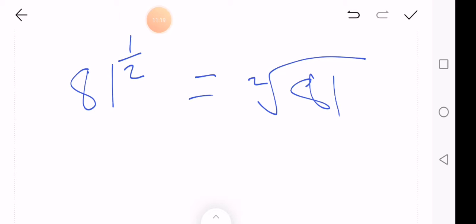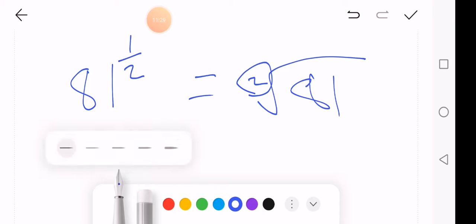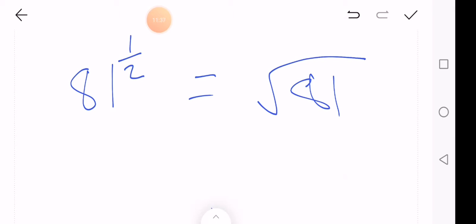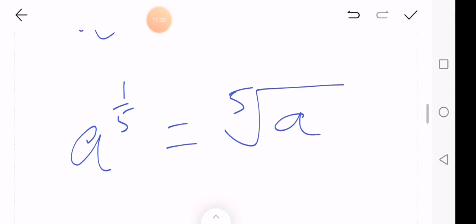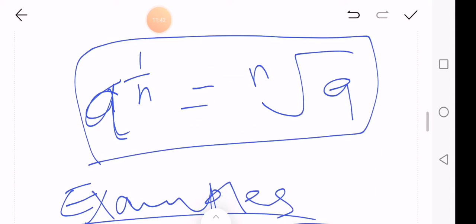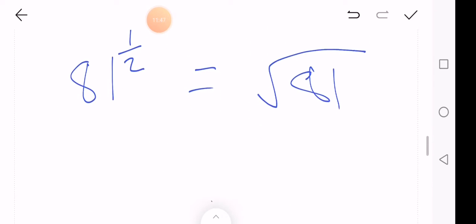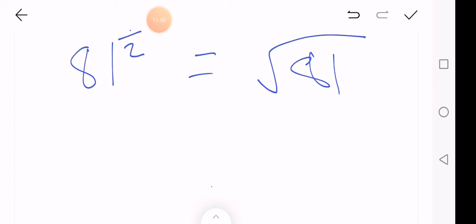We may not write this 2, so we may erase it, as it is not always necessary when it is a square. It begins to be necessary when it's more than 2, like the cube root, 4th root, 5th, 6th, 7th, and so forth. So a number that, when multiplied by itself, gives us 81 is 9.